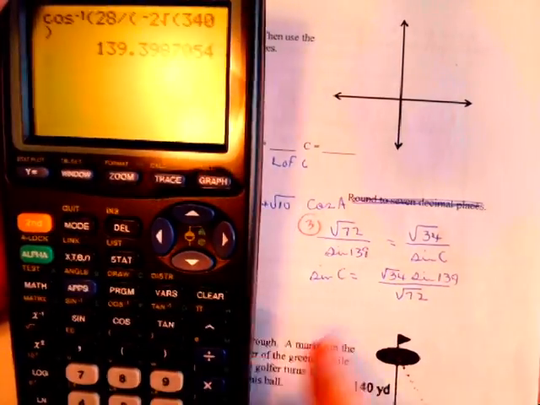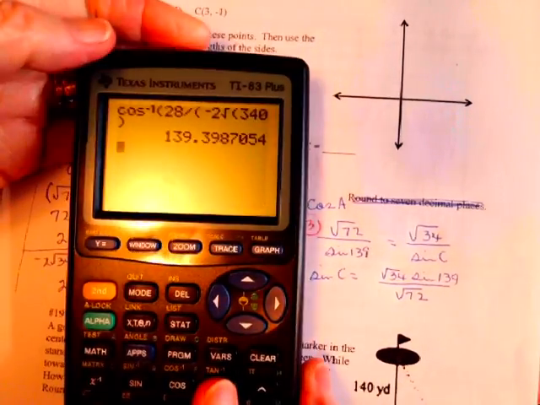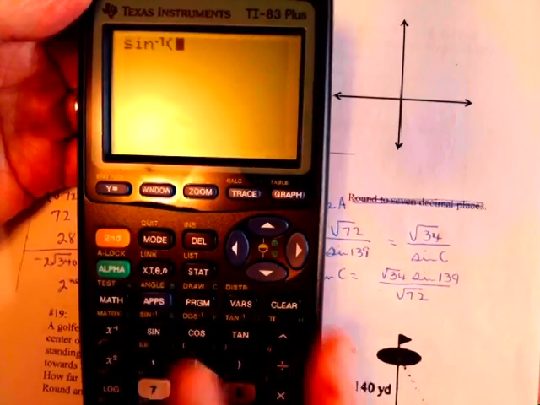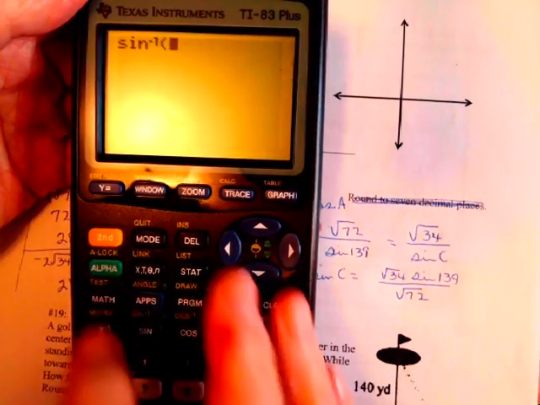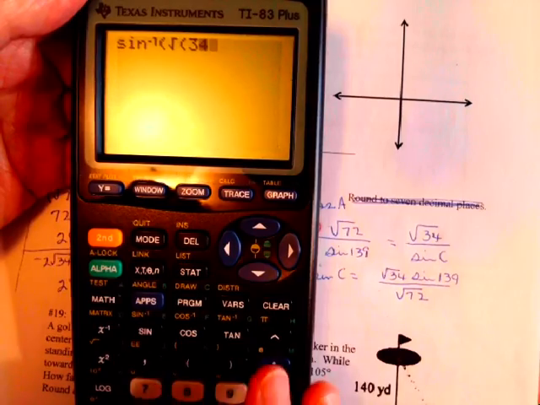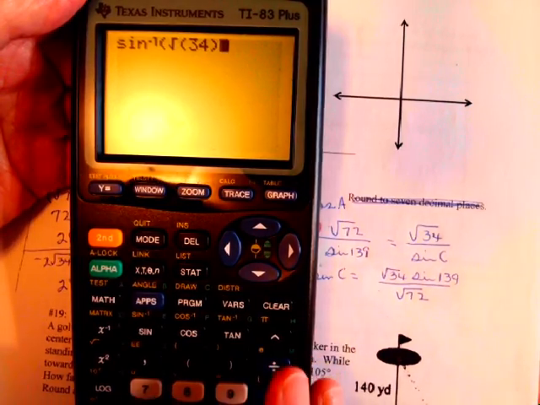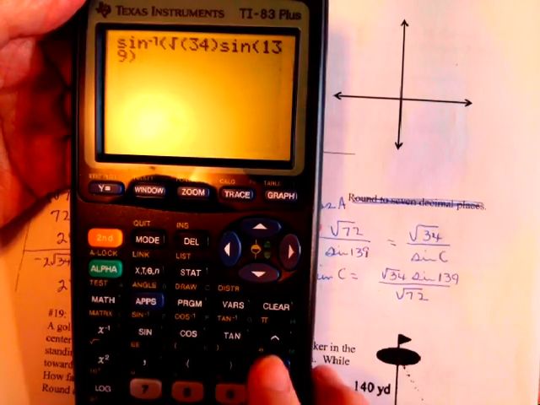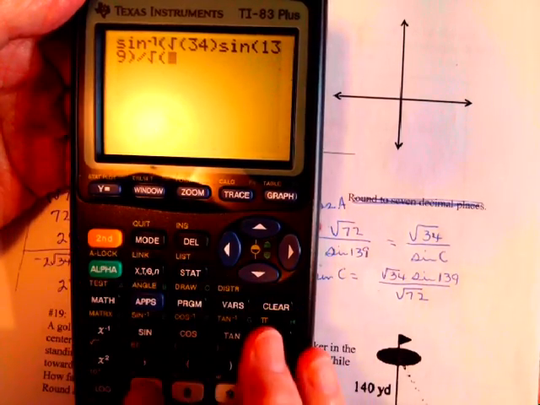So, second sine, square root of 34, close parentheses, times the sine of 139, close parentheses, divided by the square root of 72.